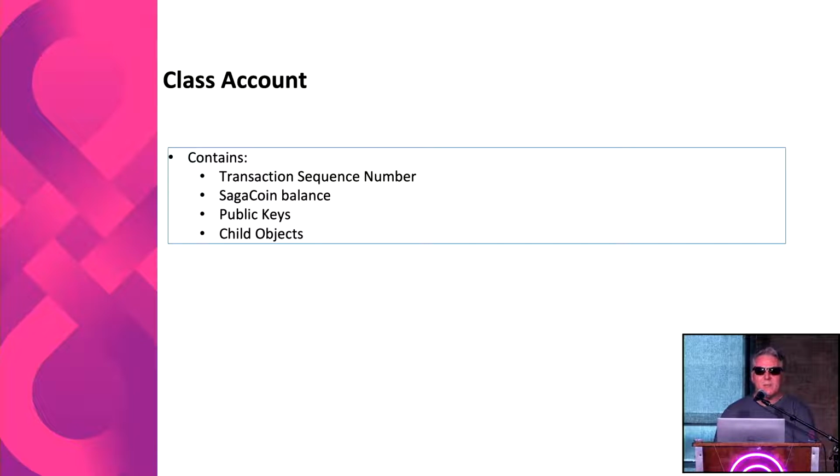Public keys: you can have more than one key, and so more than one private-public key pair, to be able to authenticate against the class account, and actually you can do that for other objects as well within your account. And then child objects that the account object references. That's the whole point of having a containment tree of instances of objects so that we can shard, and this is where it starts.